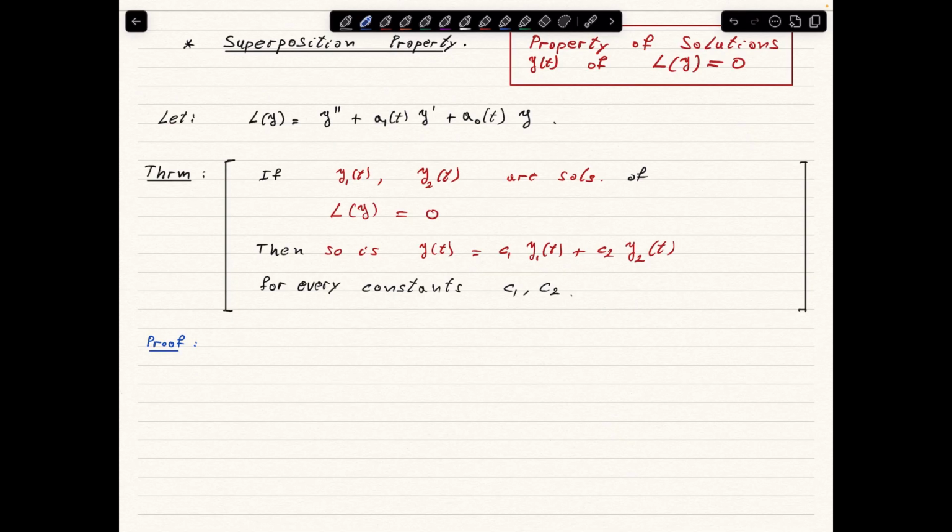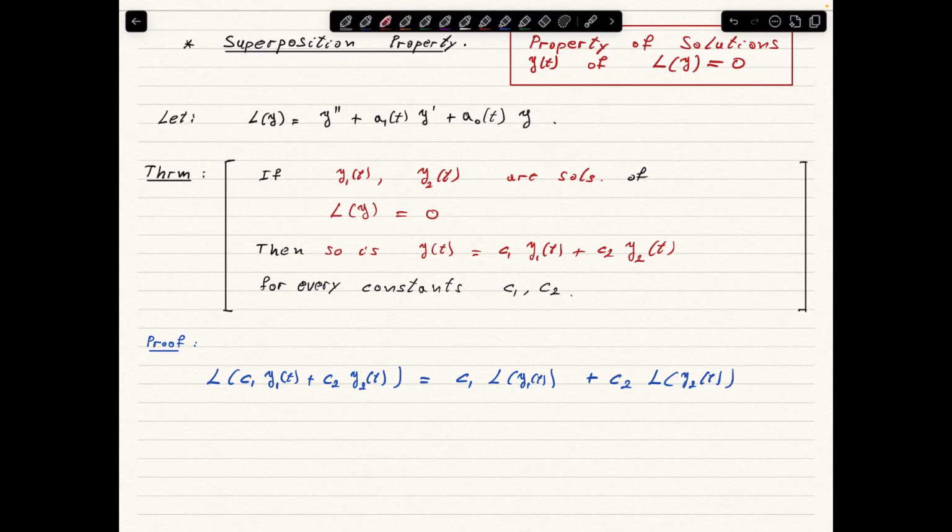So we know that whenever we have a linear operator, L acting on a linear combination of two functions, c1 y1 of t plus c2 y2 of t, it doesn't matter what y1 and y2 are, this is always equal to c1 L of y1 of t plus c2 L of y2 of t, because the operator is linear.